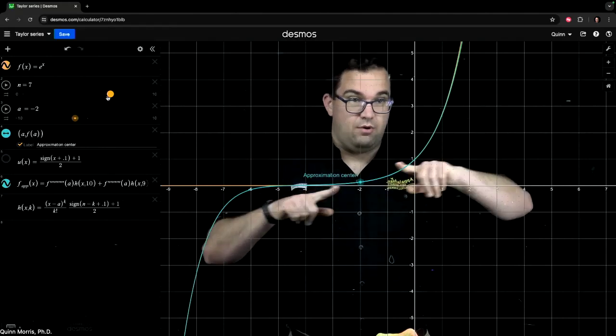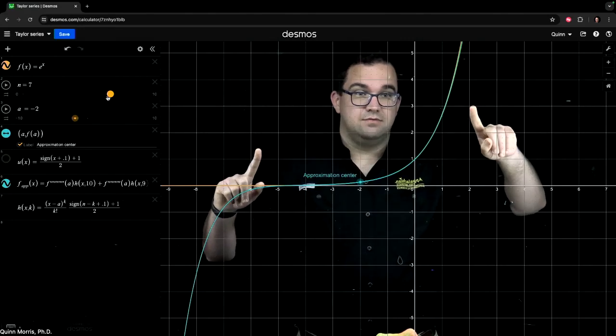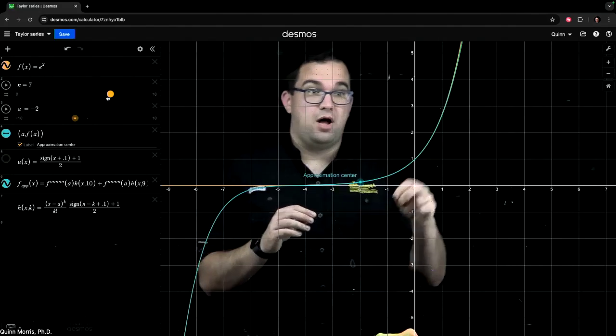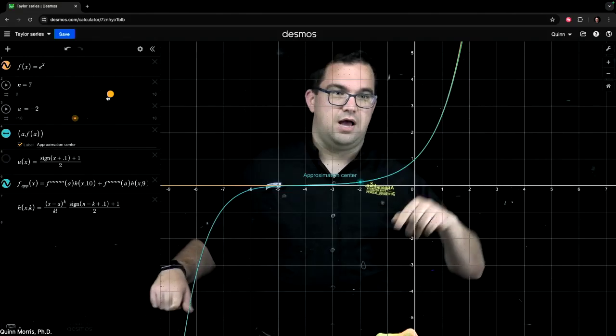Now, again, as you go out to the limit, it will become equal to e to the x, okay? But anytime you only have a finite number of terms, so you're dealing with the Taylor polynomial, it'll be a good approximation for a while, until it's not.